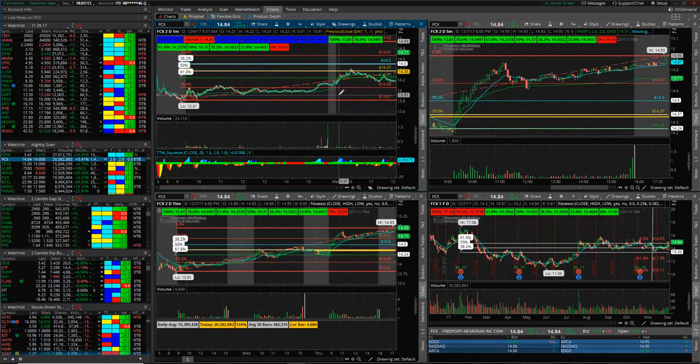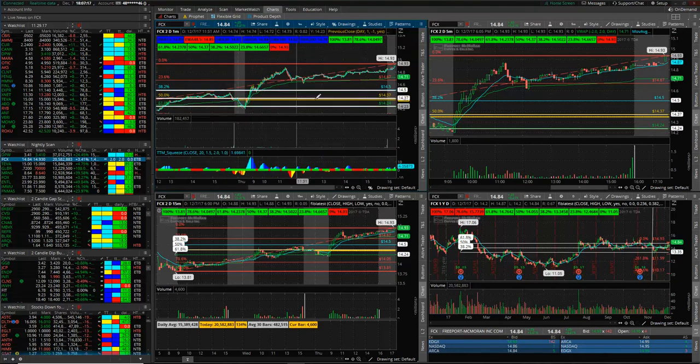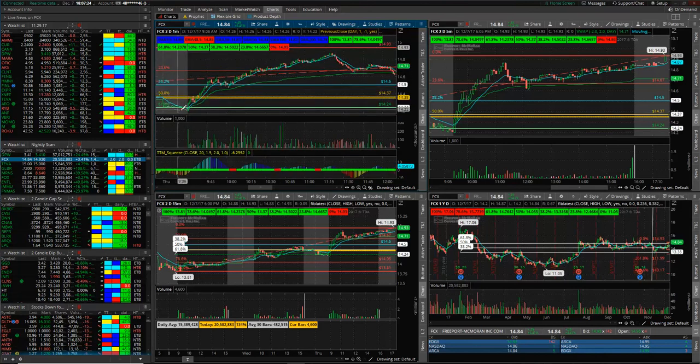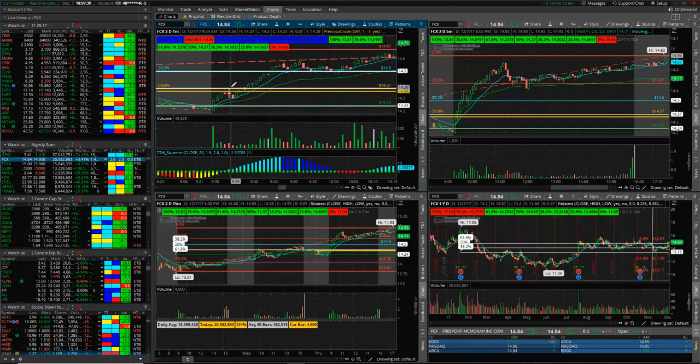So here we go. What I'd be looking for, and if you notice, the stock blew past the 61, blew past the 50. And if you see this flag pattern, it's going to have a push.